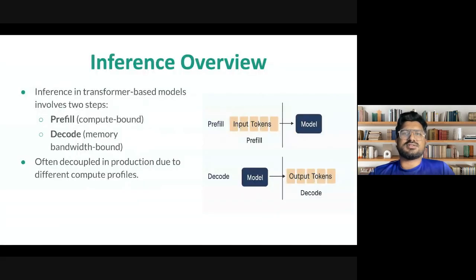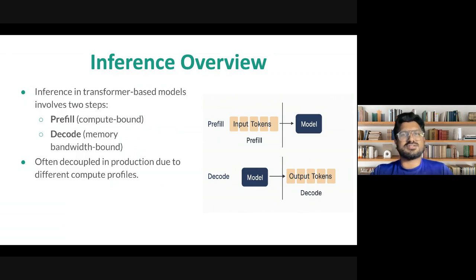First, during inferencing, the main aspects are two things: prefill and decode. The prefill part is where we have our prompts and input tokens, which need to pass through the transformer language model.